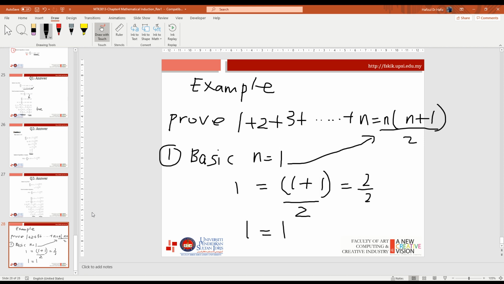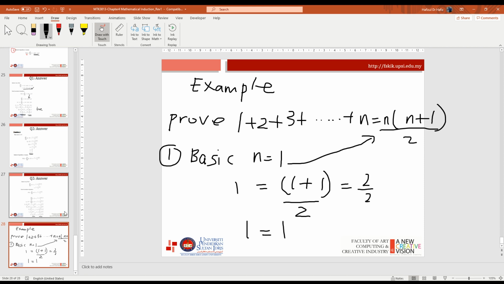The question sets the condition. In the question, they will state what is the condition to prove the mathematical induction. Okay, see the pattern.